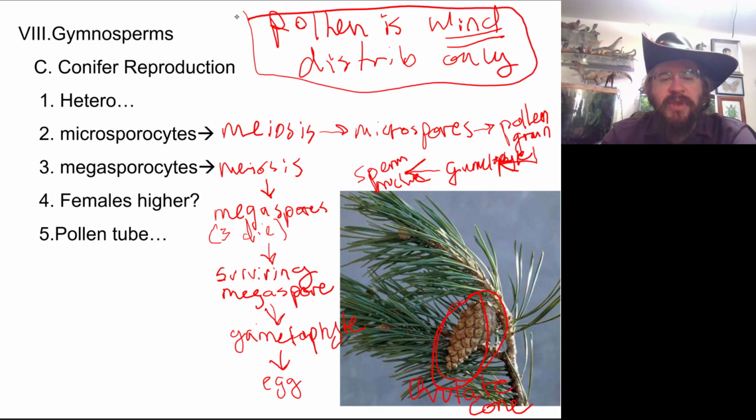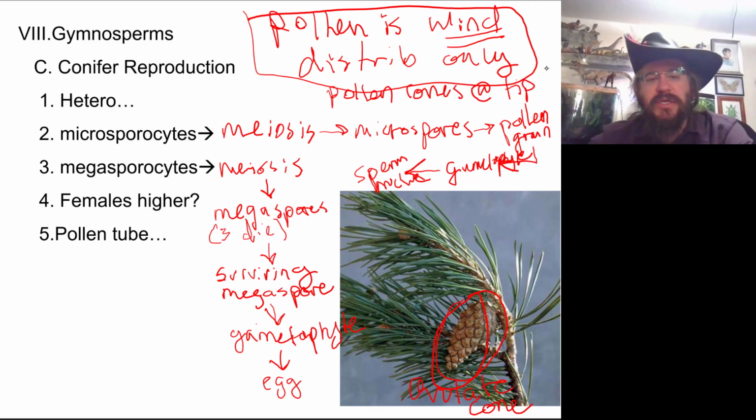So, staminate cones, the pollen cones, are at the tip of the branches because that's where they'll catch the most wind. So that's our first question.